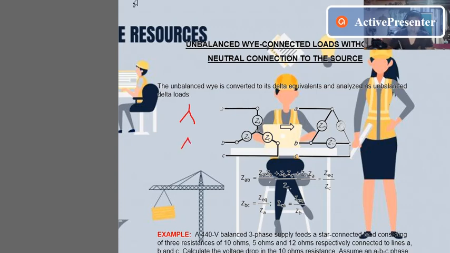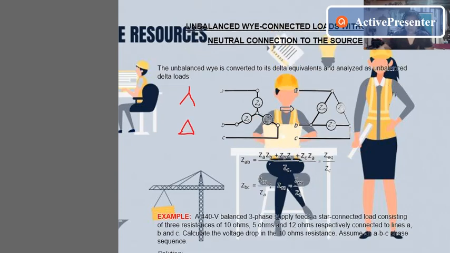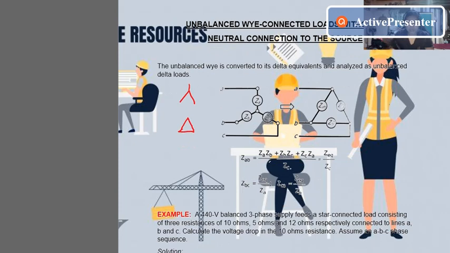you already know this from your circuit 1. It looks like a triangle. So for the Y, the given impedances are ZA, ZB, and ZC, while for the delta, ZAB, ZBC, and ZCA. So Y is converted to delta equivalent.